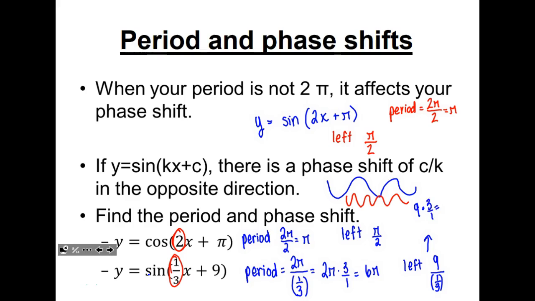Dividing fractions, easy as pie: flip the second and multiply. So we get 27 over 1, which is 27. So we have a period of 6 pi, and we're moving to the left 27. Okay, questions?